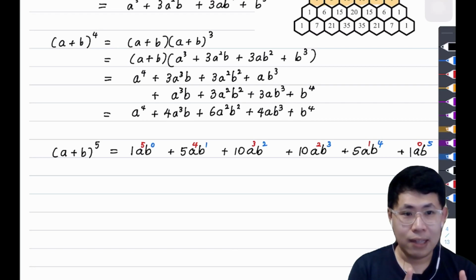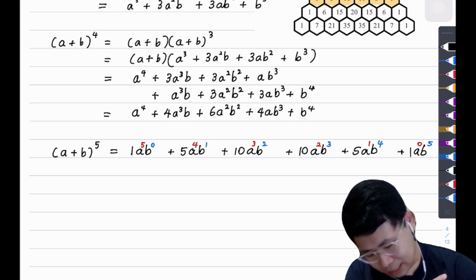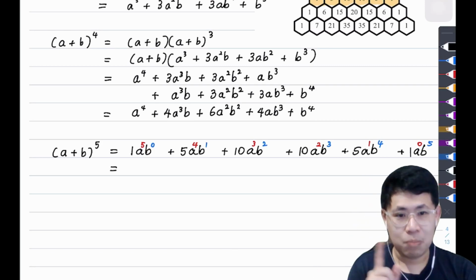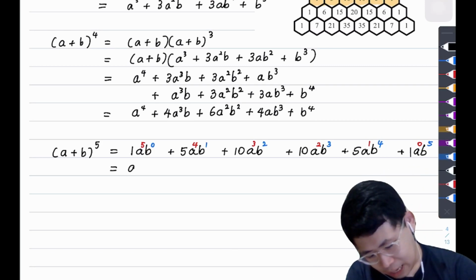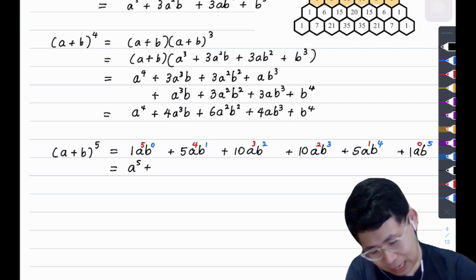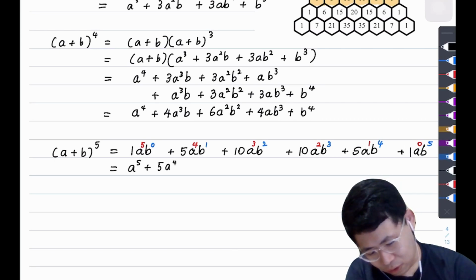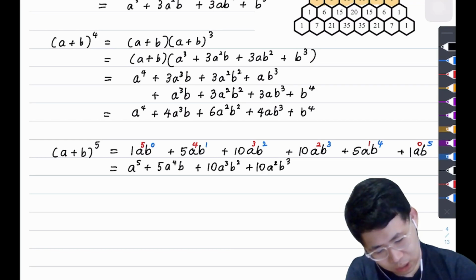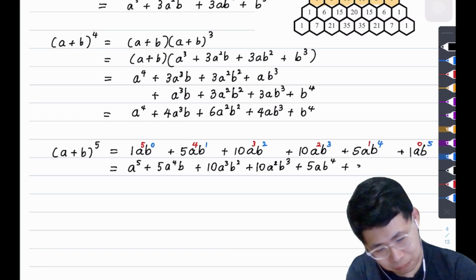So let us go ahead and simplify. 1 times b power 0 is also 1, so this is just a power 5. Then I have 5 times a power 4 b plus 10 times a cubed b squared plus 10 times a squared b cubed plus 5ab power 4, last but not least, plus b power 5, like this.